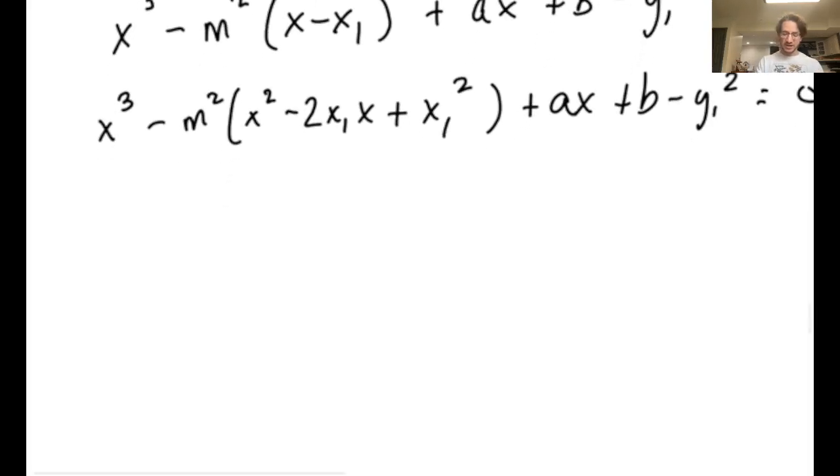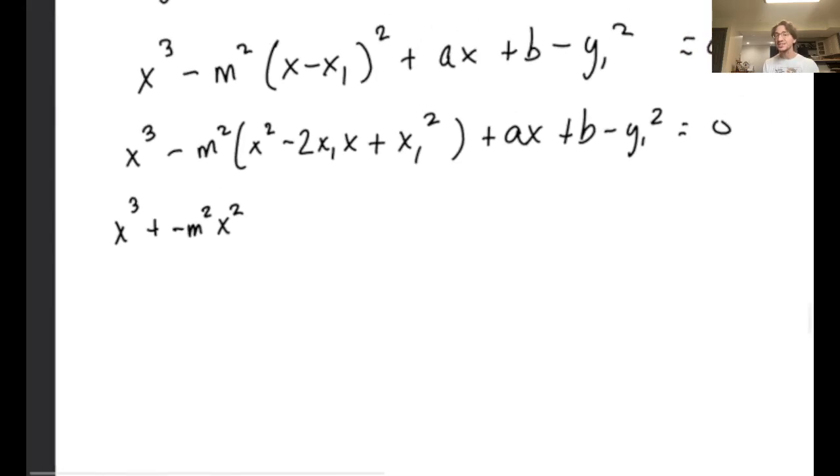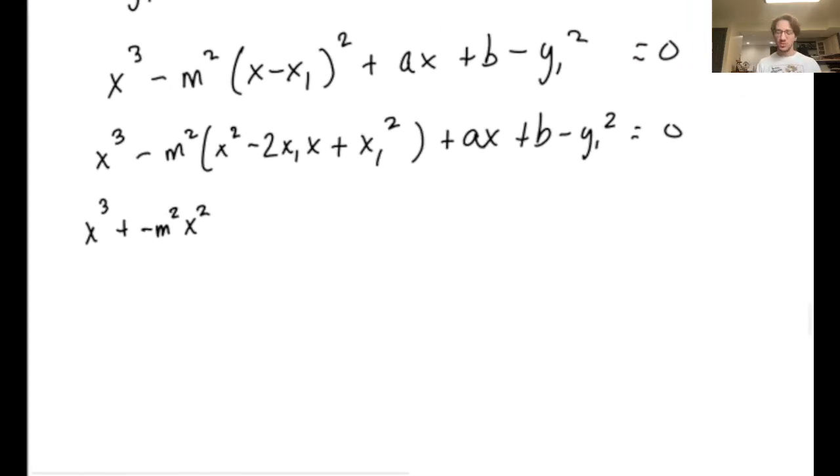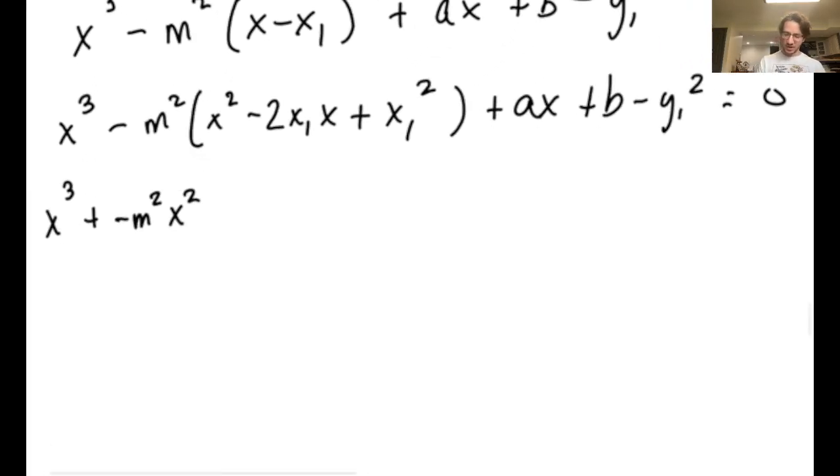And now writing this in standard form, let's look at this. We've got x cubed plus, what do I have attached to x squared? Well, minus m squared times x squared, right? That's the only thing that has an x squared. Then what does the x to the first term look like? Well, I'm going to have minus m squared times minus 2x1. That gives me plus 2m squared x1.